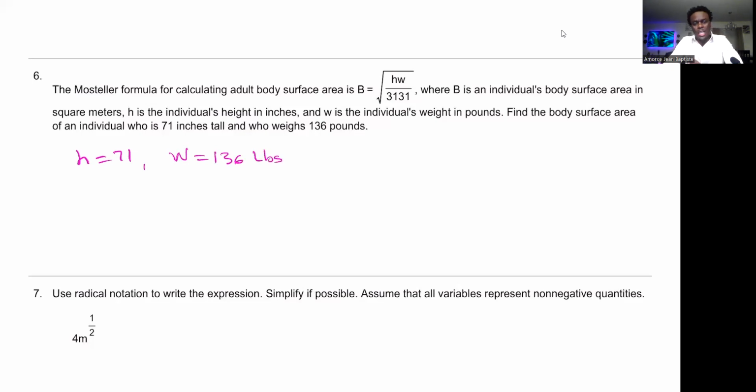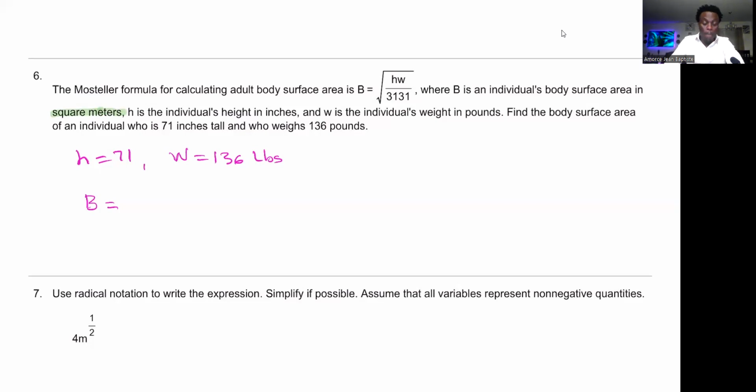So we have H, we have W. These are the only variables in the equation, and we want B. Remember, B is the surface area in square meters.